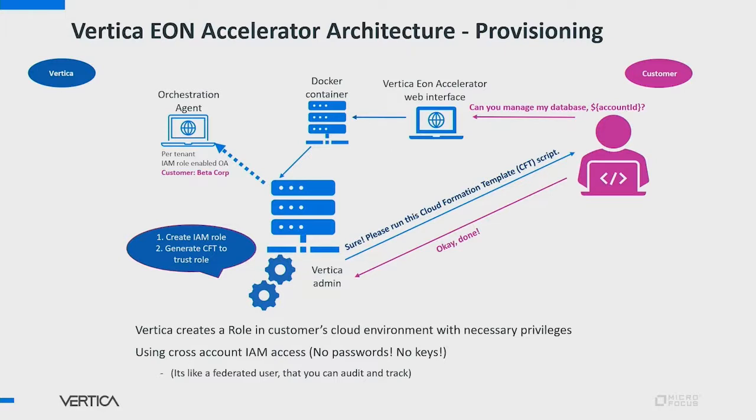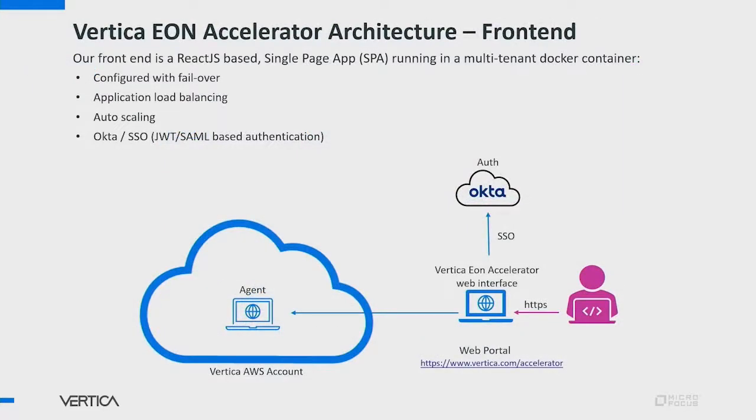At this point we can do pretty much anything we need in terms of managing your Vertica database in your account. Now, the second piece of the architecture is the front end. The front end is a web UI which is hosted in AWS. It's a very simple React.js based single page app running in a Docker container.